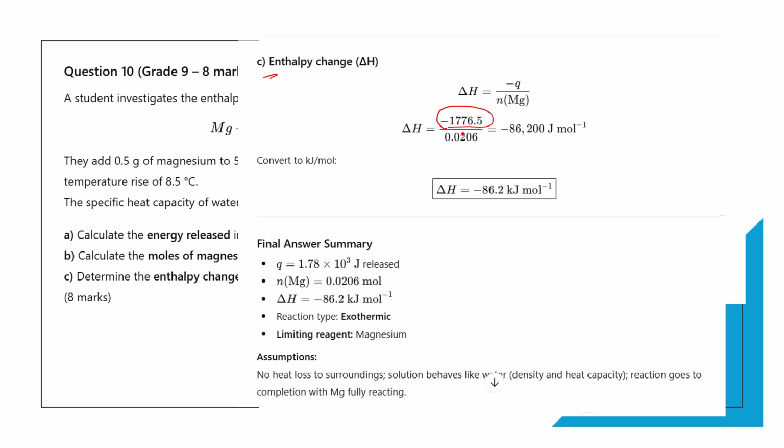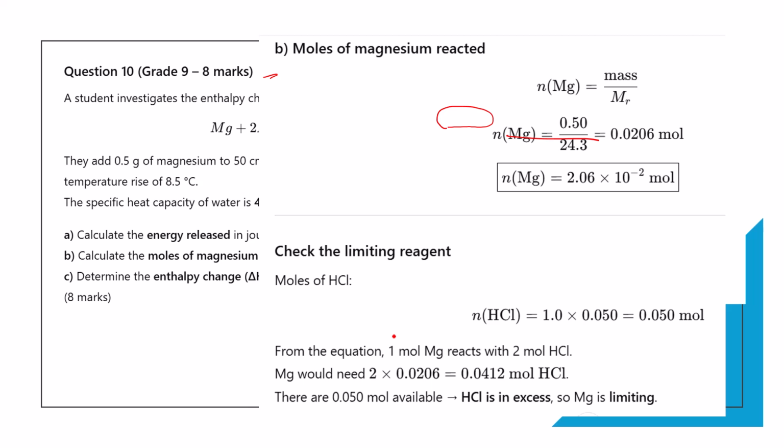All right, but that was released by 0.02 moles of magnesium, focusing on the magnesium. But we want it per mole. So we divide this by the number of moles, and that will give us this. So that's the change in enthalpy. Are you getting that? Okay. All right, so that's it. We will leave it like that.